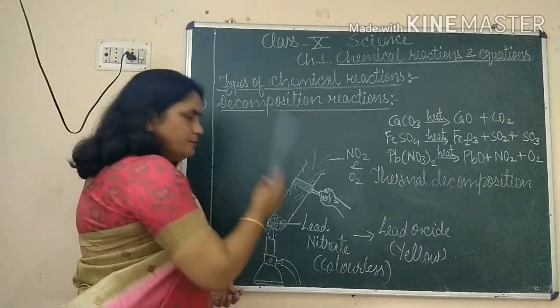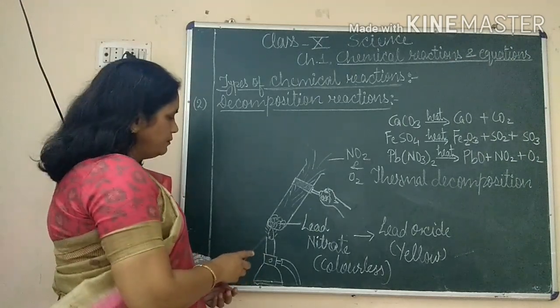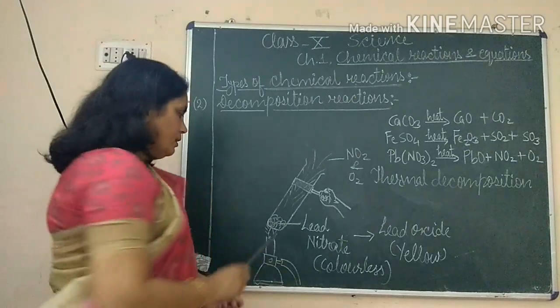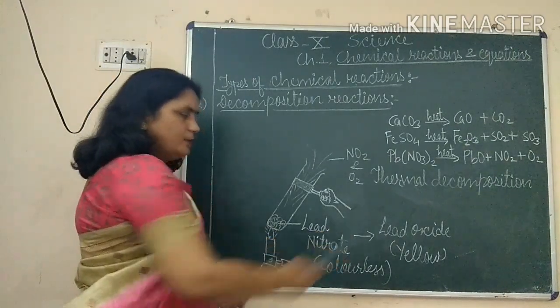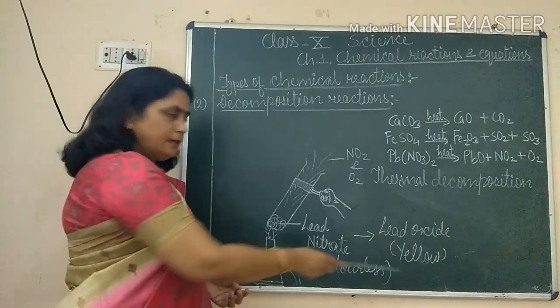Now while these fumes are coming out, the lead nitrate in the bottom of the test tube is converting into lead oxide. Earlier, the color of lead oxide is reddish brown, but as it cools down, it becomes yellow.